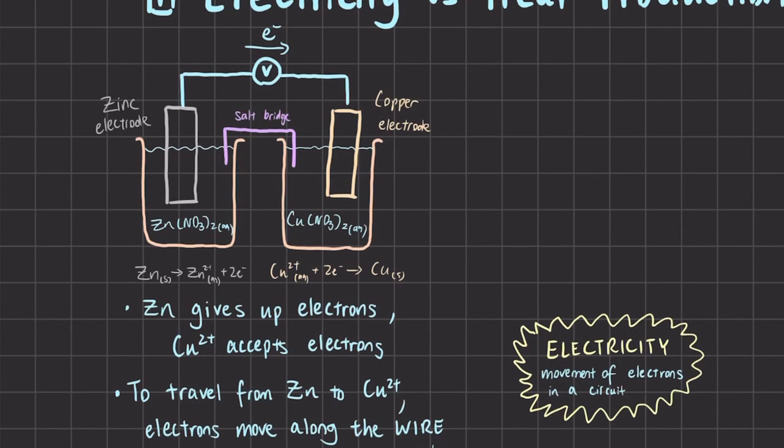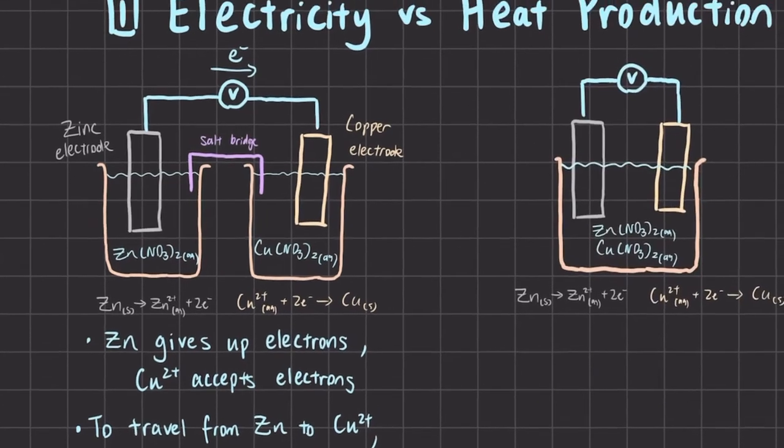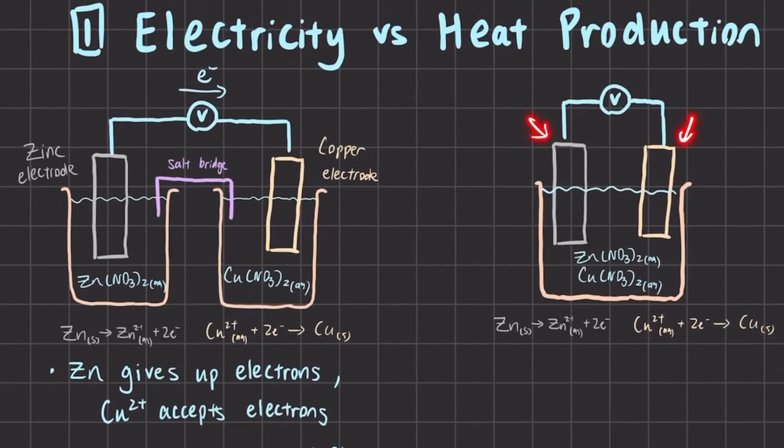Now, to understand why galvanic cells are set up like this, with 2 half cells rather than just one beaker, let's look at the case where we just have one beaker or one half cell. So I'm going to combine these 2 half cells into one. The 2 electrodes, the wire, the voltmeter, they all stay the same. And the electrolyte is mixed because we've mixed the solutions from both half cells.